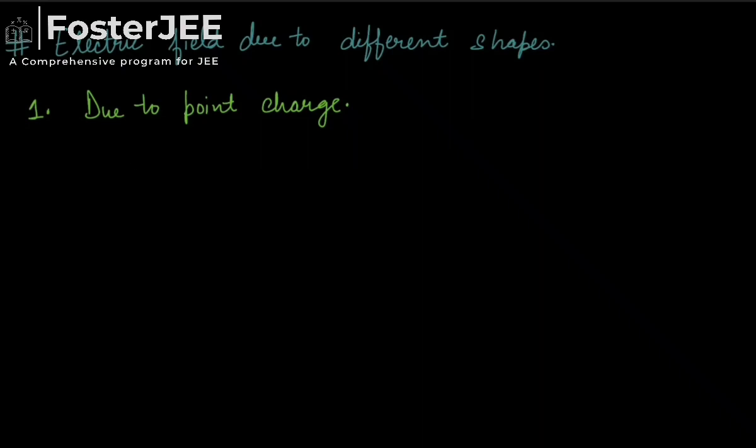Since electric field is defined as force acting per unit charge, suppose we have a charge capital Q and at a distance r from this we have another charge small q.